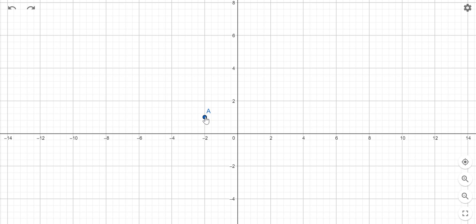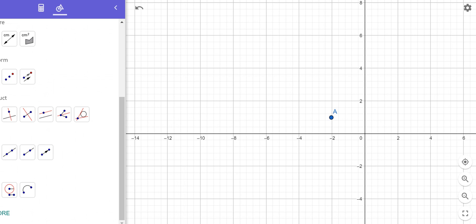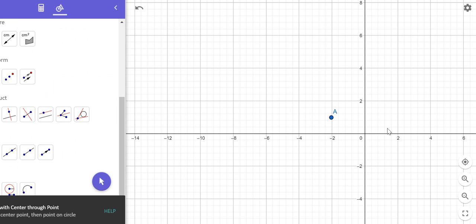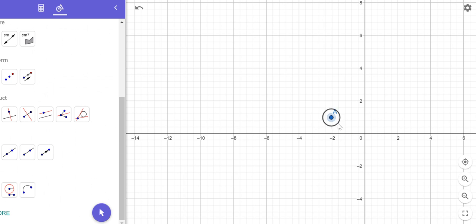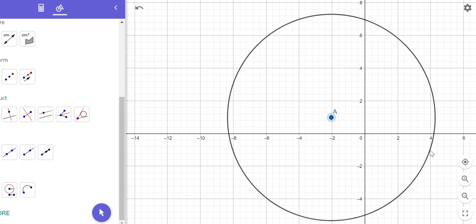So I'm starting from here, this is my point -2, 1, and I click on circles and open the circle up to 4, -1. I have to take it a little bit bigger.